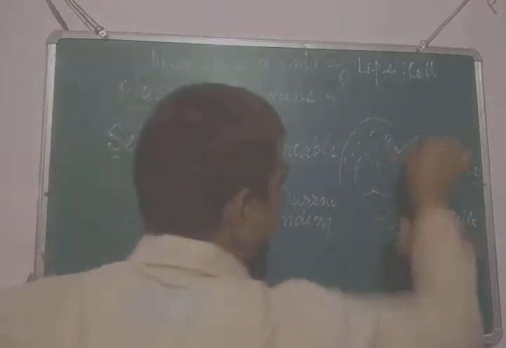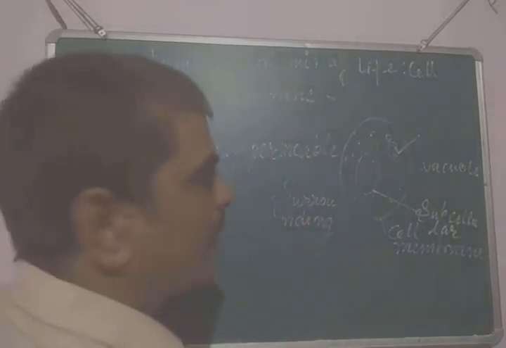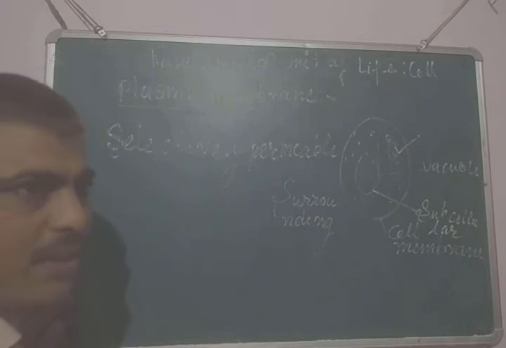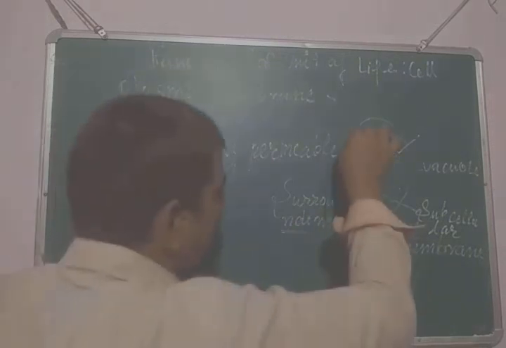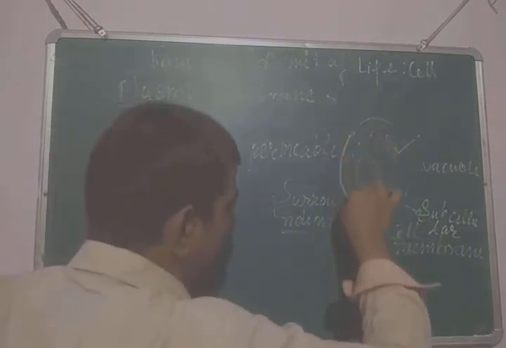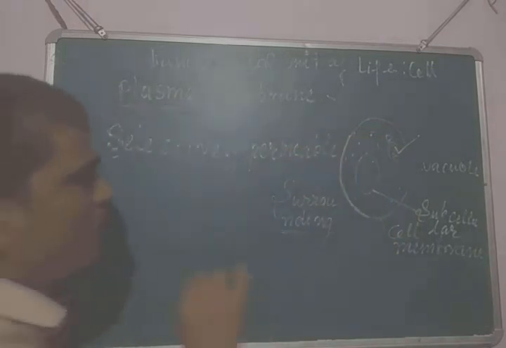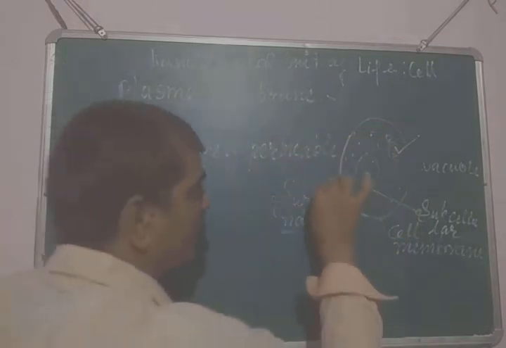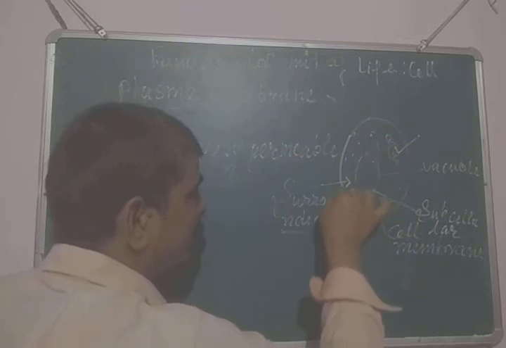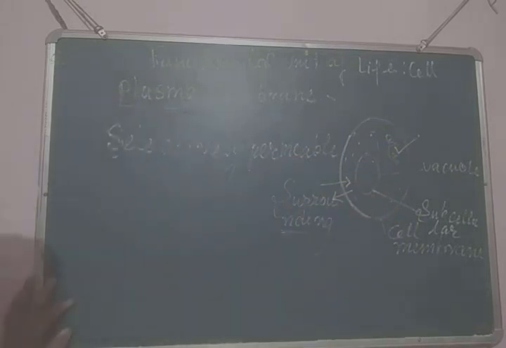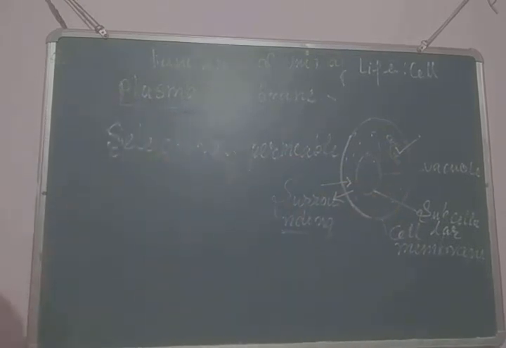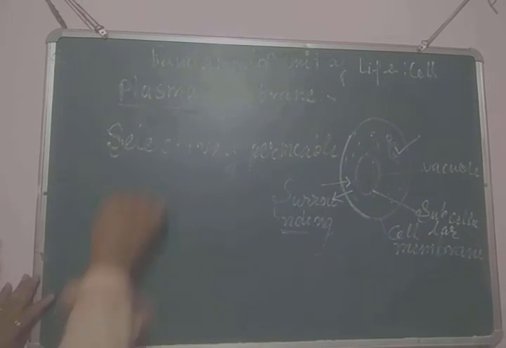Suppose this is the mitochondria, it requires respiratory substrates like glucose and oxygen to carry on respiration. These substances come from the surrounding, from the external environment. So this acts as a barrier, and this barrier allows only the required material to go inside and the required material to come outside. So this is selectively permeable. Dear students, the word permeable will be a new word for you.